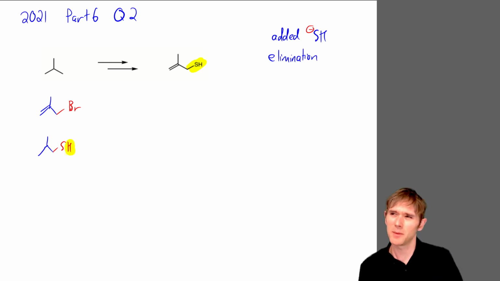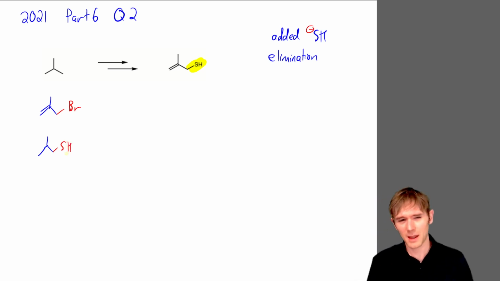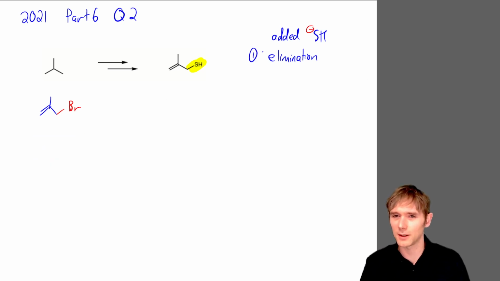I might get some weird deprotonation on this sulfur, because it's actually a stronger acid than OH, right? So really, either way is probably going to work out okay, but I think I'm going to eliminate first. It's going to be step 1. Step 2, there.